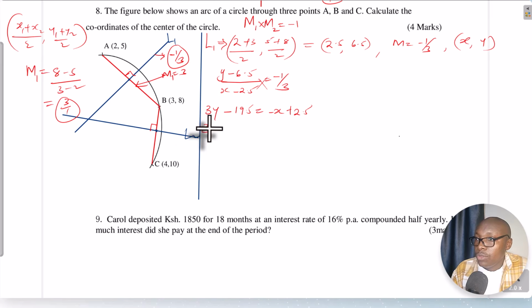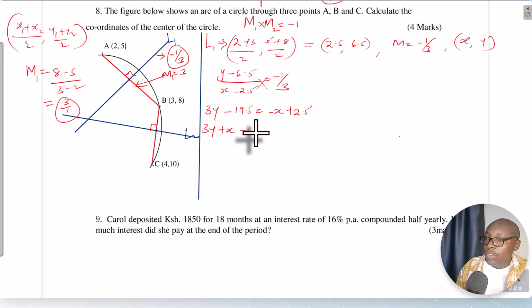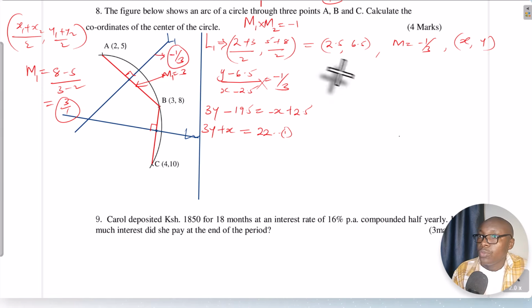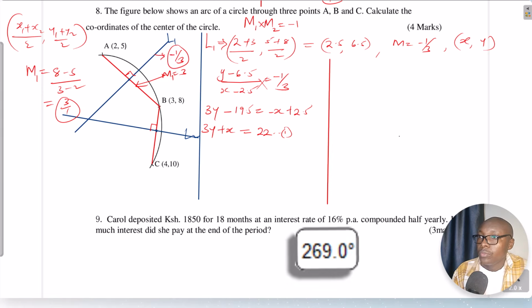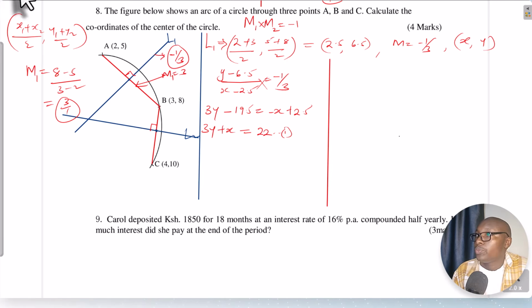Reorganizing this equation, we get 3y plus x is equal to 2.5 plus 19.5, which gives 22. That is equation 1, the equation of line 1. Now let's go to the equation of line 2.